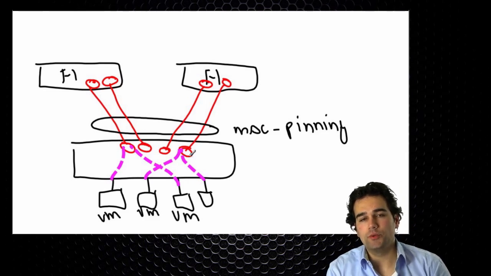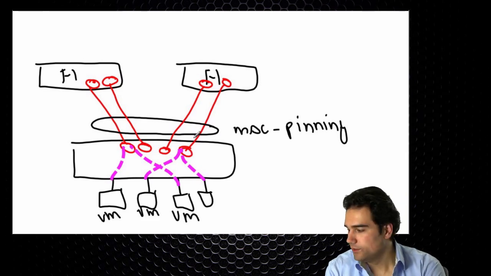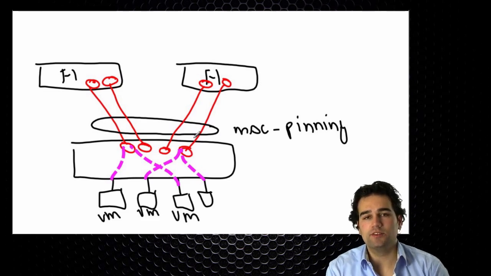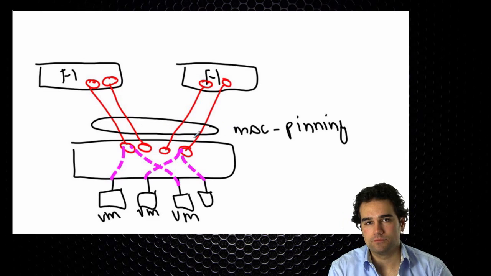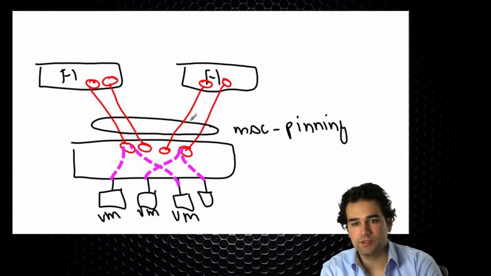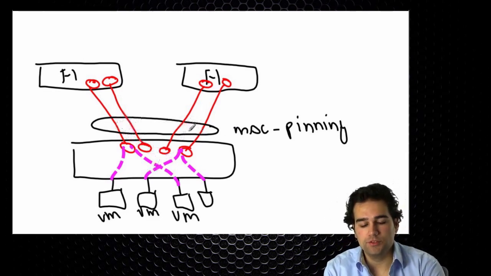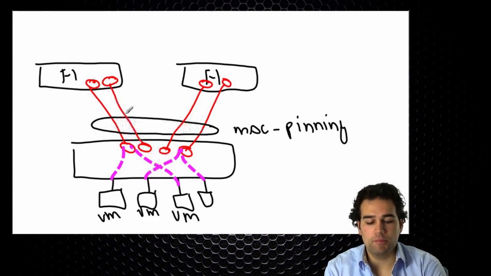I'm still not able to do LACP. Well, I would be on these two links and on these two links, but not on the full port channel. So I can still not do port channeling. But what I can do is I can MAC pin to this group and to that group of ports, and then do flow-based load balancing on these two ports. Because these two ports can be port channeled, right?